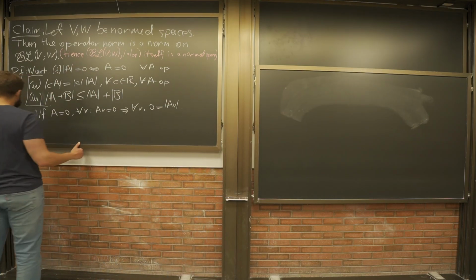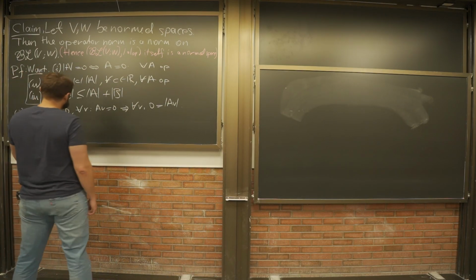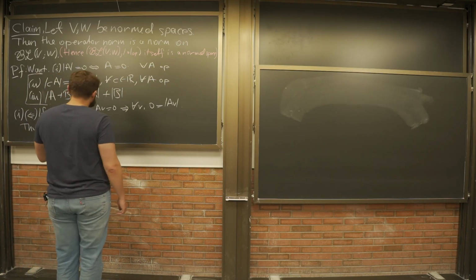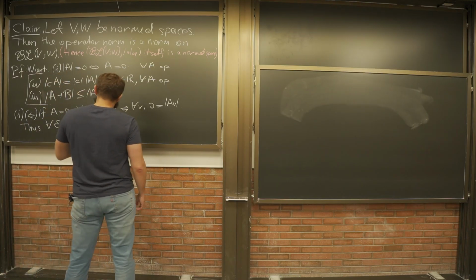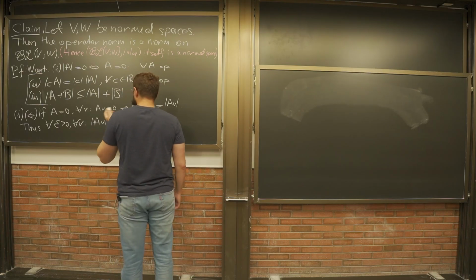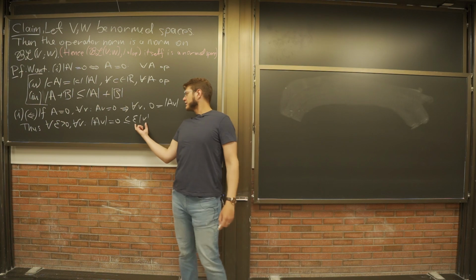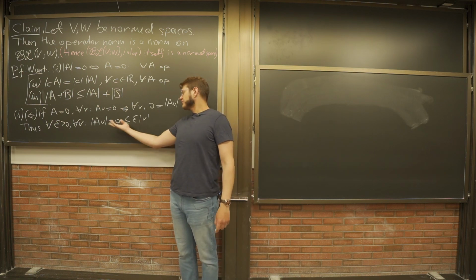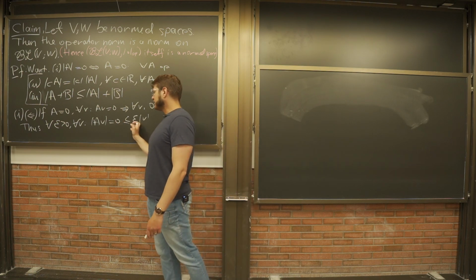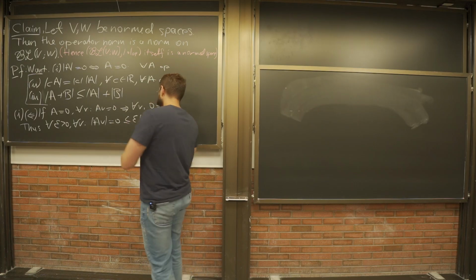Thus, for any positive epsilon and for any V, I have that the norm of AV, which is 0, is bounded from above by epsilon times the norm of V, because this is a non-negative number, after all. This is trivially true. But what does that mean? If for any epsilon this holds, I can take the infimum over all epsilons, and that gives me the definition of the operator norm.